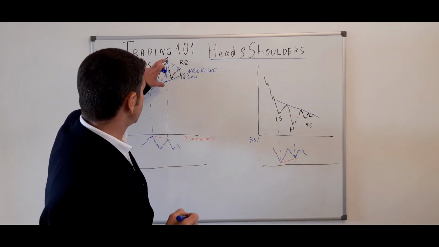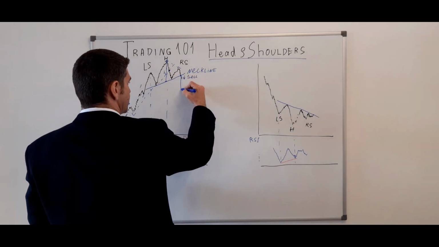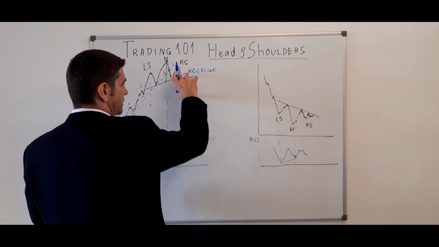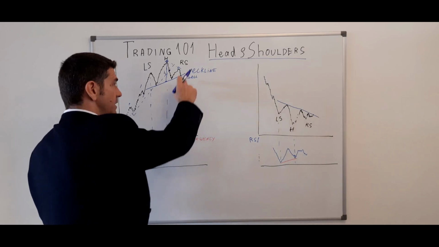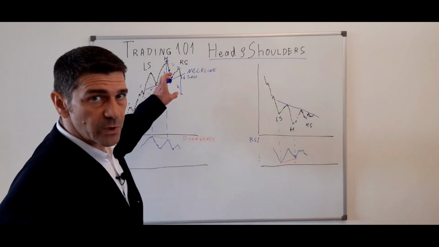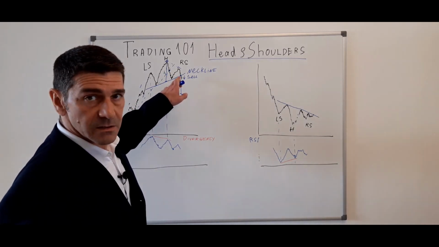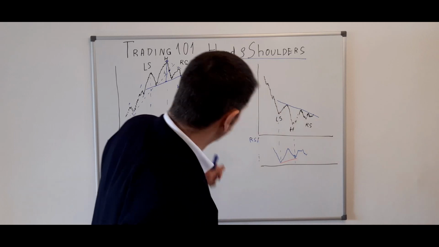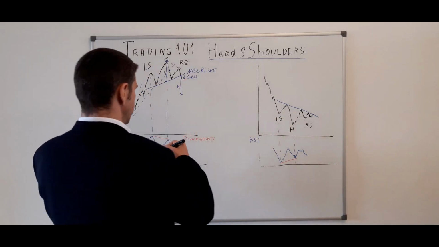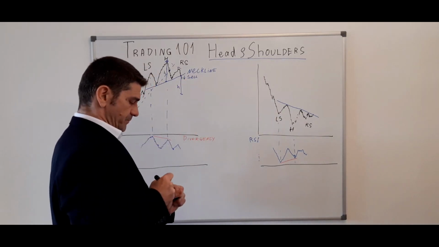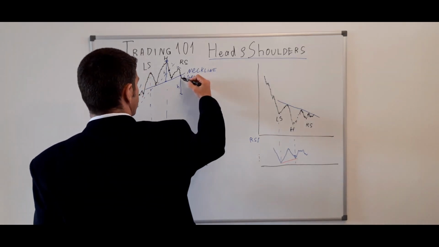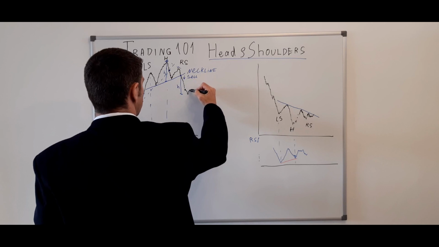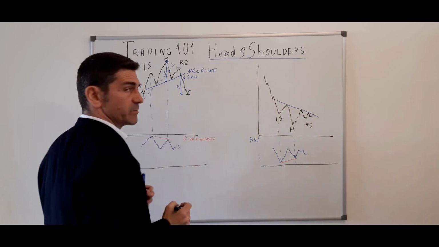So we are taking this measure, this H, and we are projecting it downward from the point where this neckline has been broken. Okay, so most probably once we've got this sell signal, the price will go down until it reaches this target price.